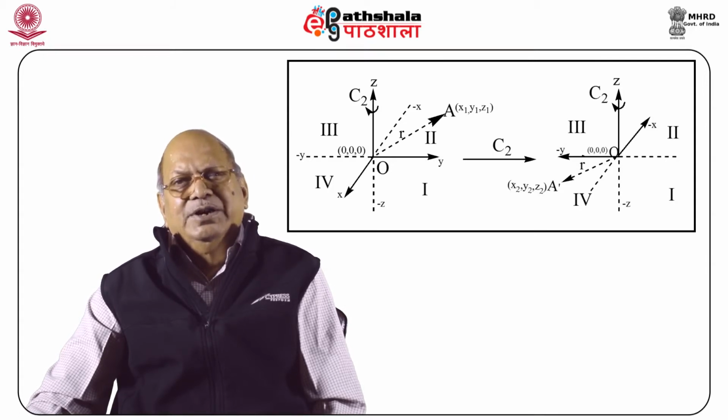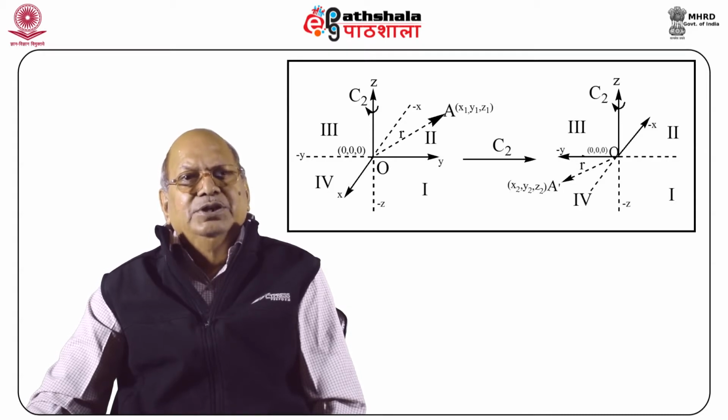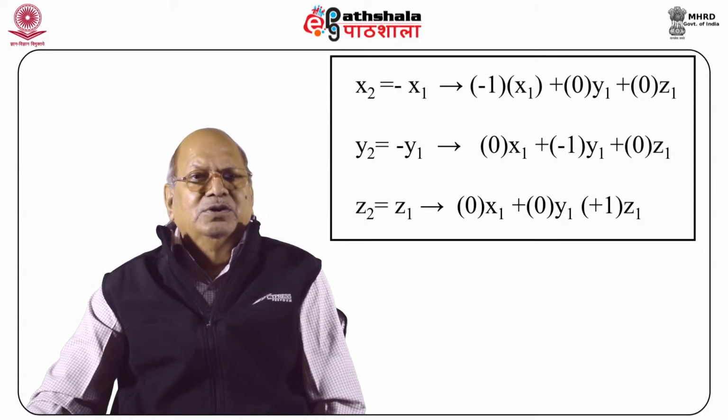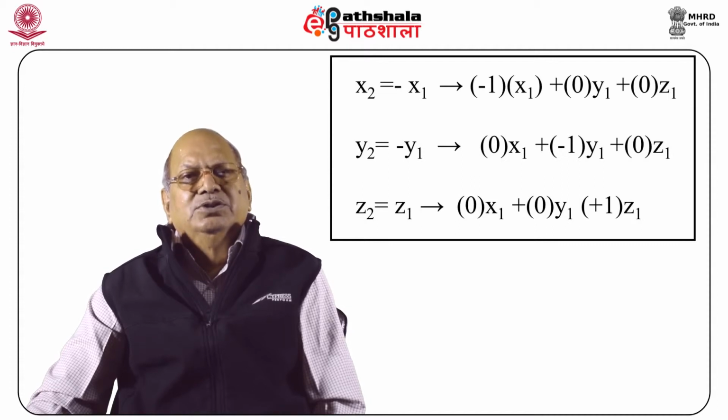Net effect is minus 1 effect for x1 and so on. The three equations for C2 operation on x1, y1, z1 are written as: x2 is equal to minus 1 x1, 0 y1, 0 z1. For y2 the equations are 0 x1, minus y1, 0 z1, and for z2 the equation is 0 x1, 0 y1, 1 z1.